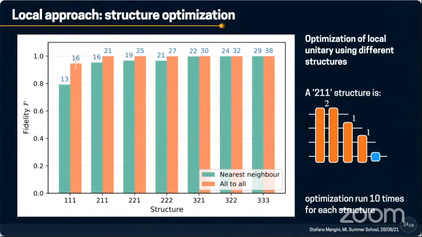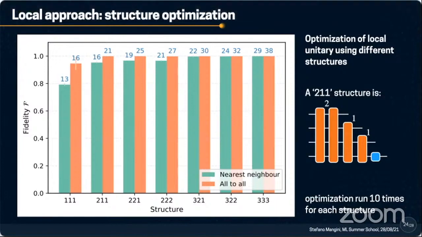So it's not directly the number of gates, but the depth of the circuit is defined as the number of layers that you have in your circuit, because you can perform, for example, all the single-qubit gates at the same time. Okay. Because looking at these, I would say that regardless of the structure, about 22 layers are enough.